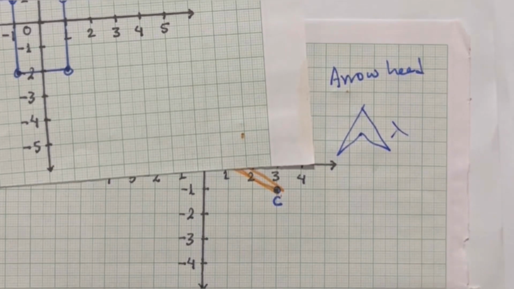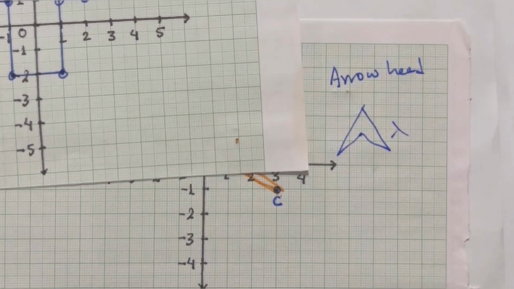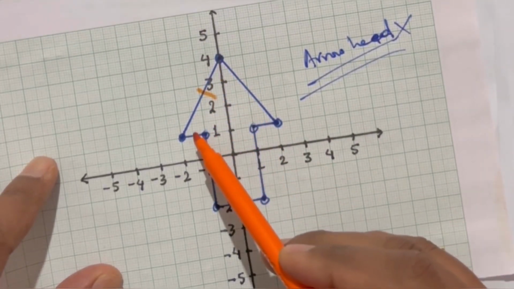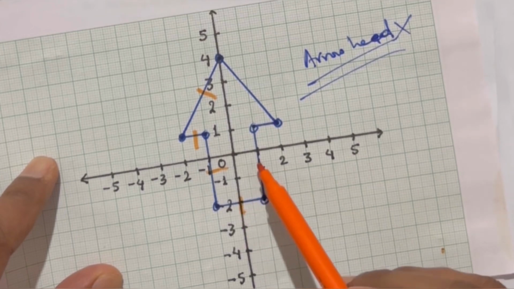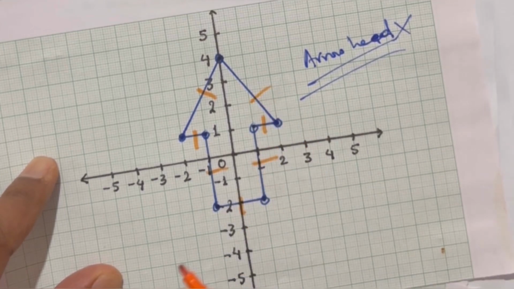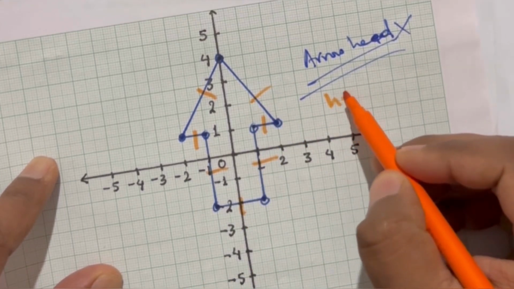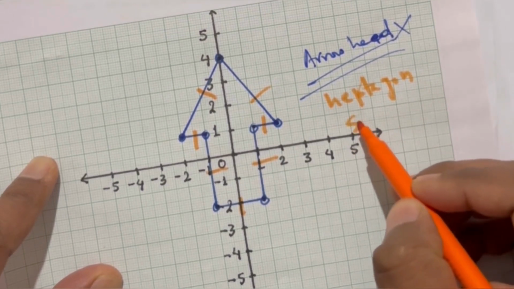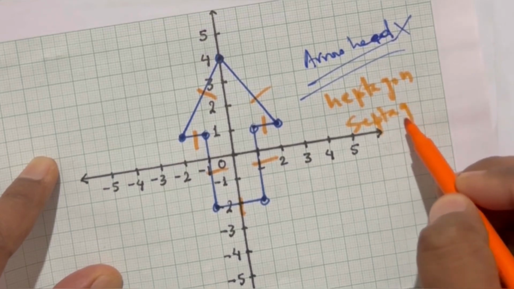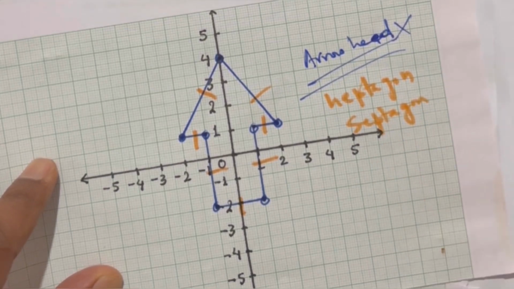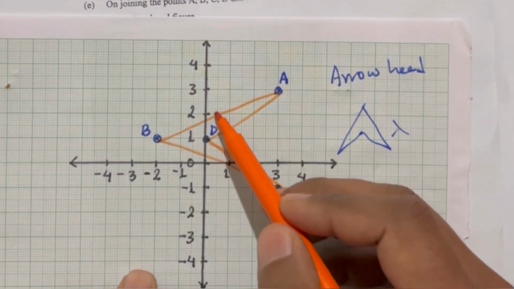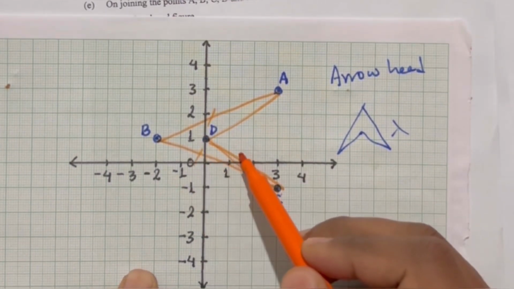For this type of figure, to write the name you just need to count the sides. Here the number of sides is 1, 2, 3, 4, 5, 6, 7. That means you have to write it as heptagon or septagon, both correct, because a 7-sided polygon is heptagon or septagon. Similarly, for this figure you need to count the number of sides, 1, 2, 3, 4.